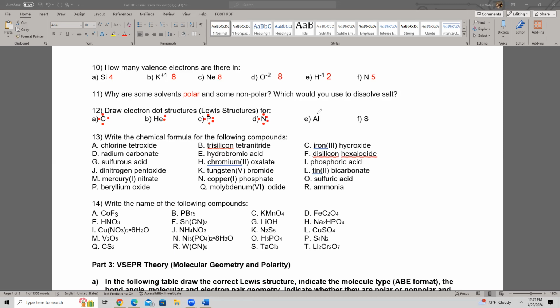Aluminum is in group 3. So it only has 3. 1, 2, 3. And they all can form bonds. Sulfur is in group 6. So 1, 2, 3, 4, 5, 6. You see that? And that's how you do the Lewis structures for those.